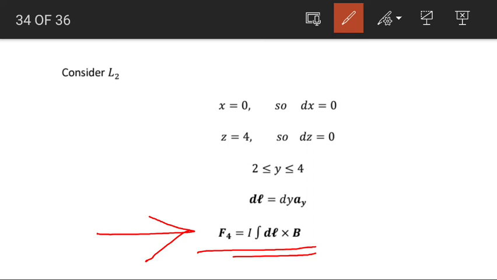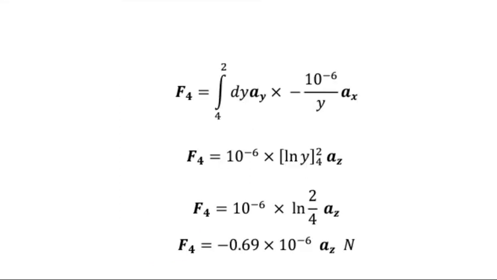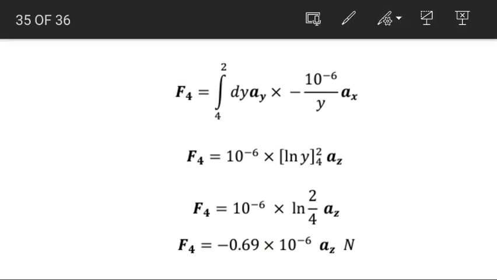The current in the loop is 1 ampere. dl is dy ay. And b is minus 10 raised to power minus 6 by y. The only variable on the right hand side of F4 is y, and you see y is changing from 4 to 2.